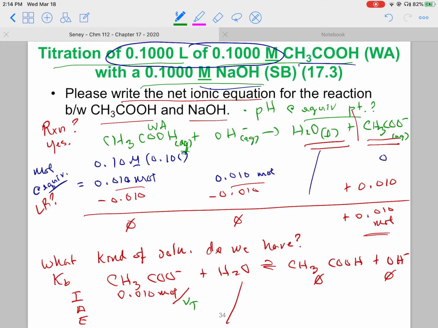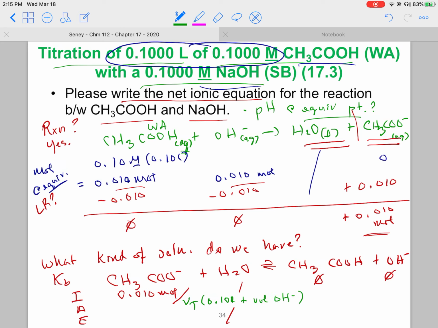So we've got to figure out what the total volume is now in that flask to which we delivered 0.01 moles of hydroxide. We know at least part of the volume is from the acetic acid that's there, so we already have 0.1 liter, but we now also need to know how much volume did we add in order to get that 0.01 mole of hydroxide. So I put plus volume of hydroxide.